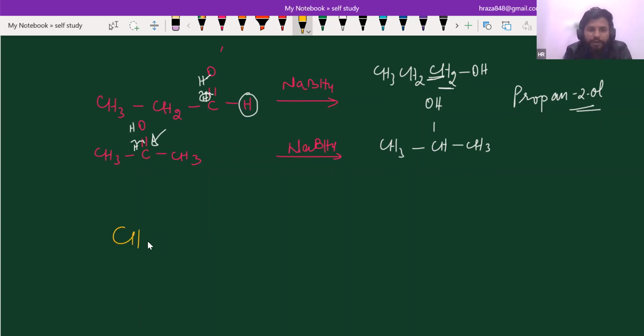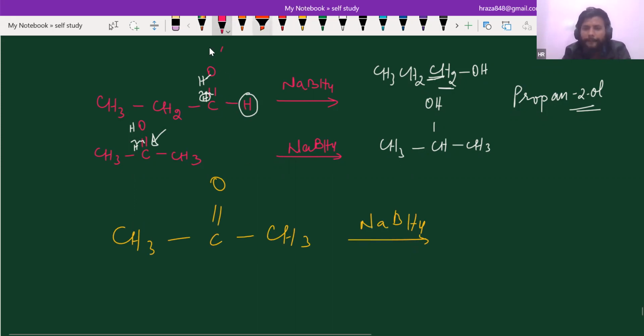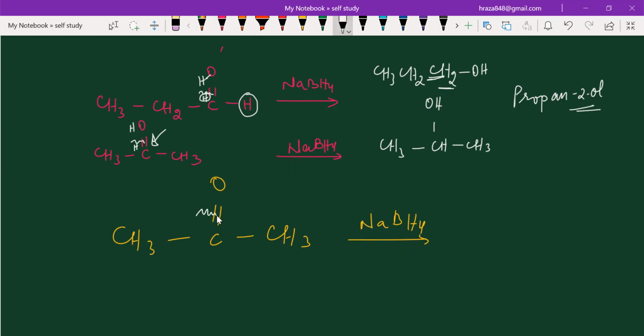See, this is your reactant and this is the reagent that you are using, which is basically your reducing agent. So you need to break one of the bonds and add hydrogen here and hydrogen here. Oh, there is a slight mistake. So what will happen here?